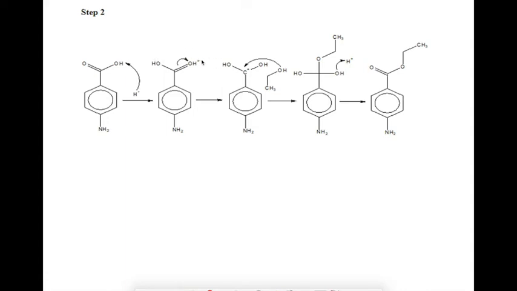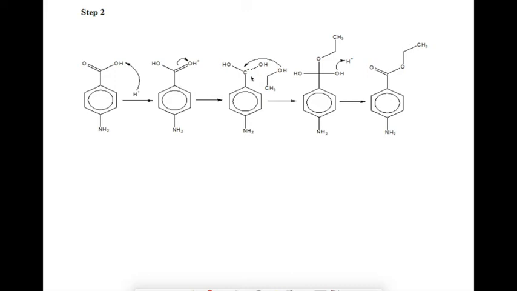Now, on the breakdown of the pi bond, the carbon valency becomes 3, so one valency is not yet completed, and the carbon will acquire a positive charge.